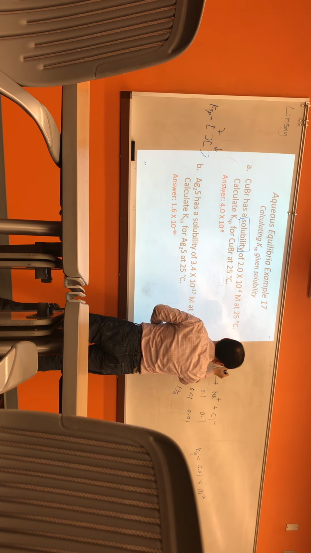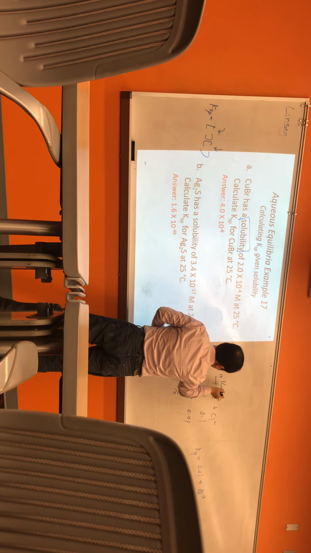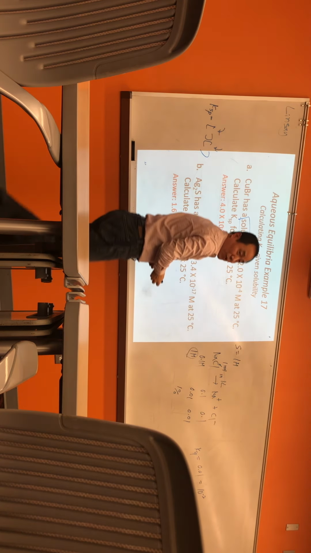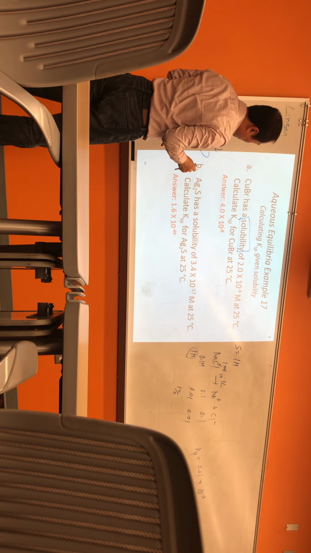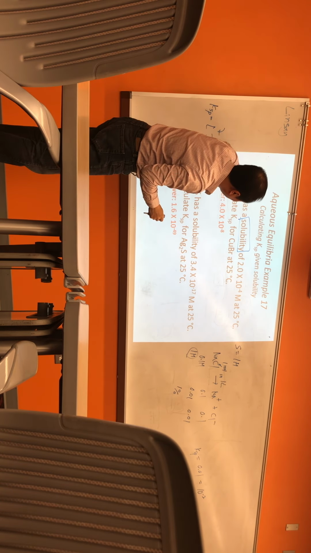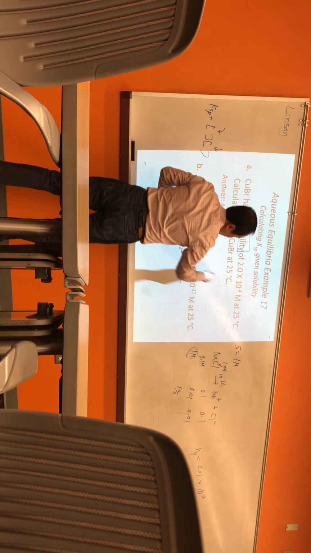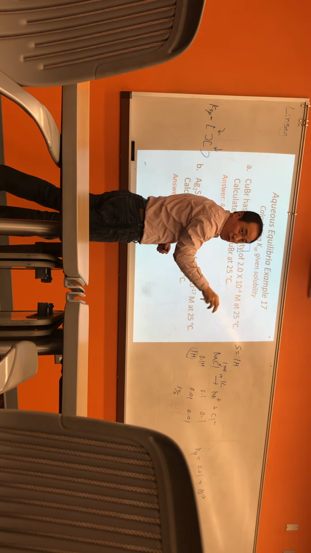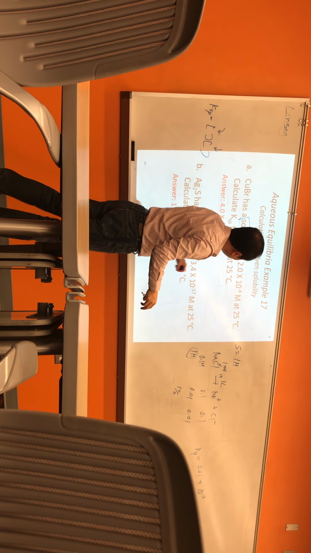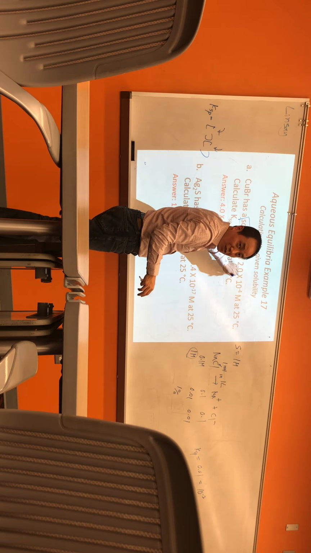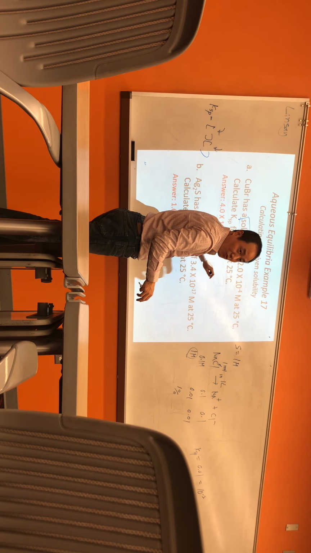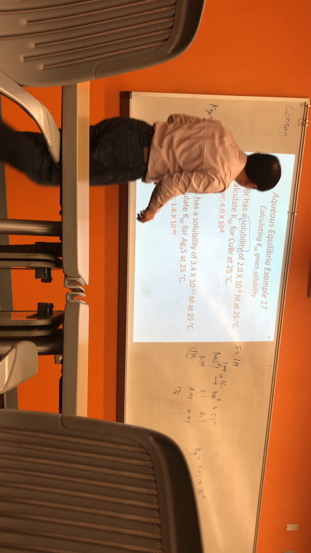Because I put 1 mole of NaCl in 1 liter, everything dissolves, solubility will be just 1 molar. Okay? So copper bromide solubility is this, which means if you put 1 mole into water, only this much will dissolve, less than 1%. Okay?